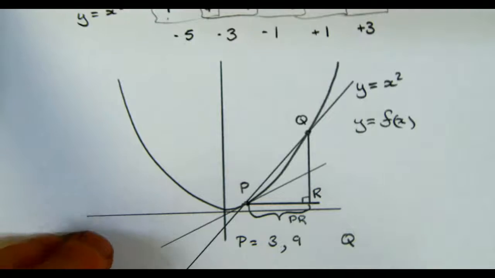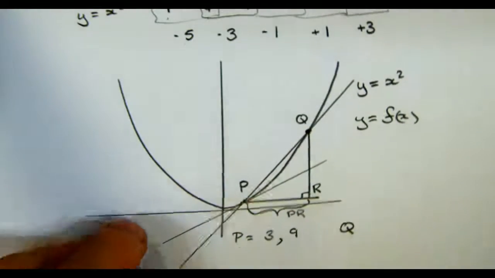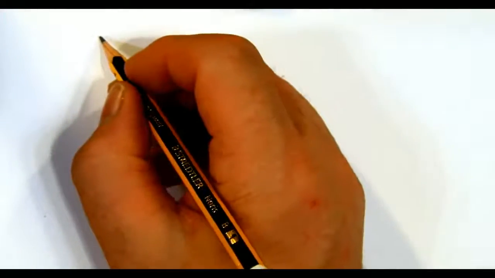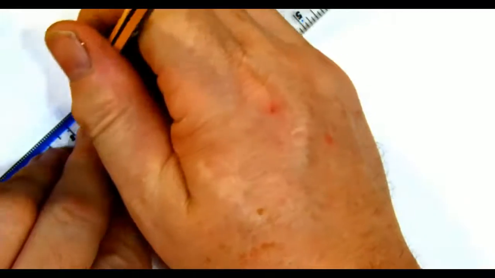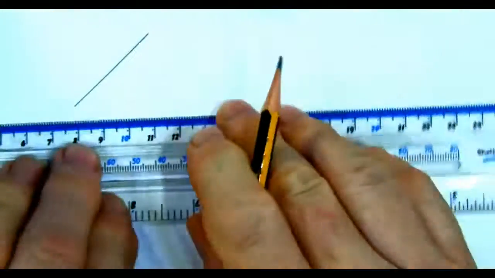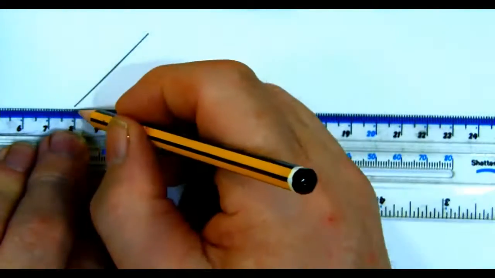Let's have a look and see what's going to happen here. I'm just going to draw in our little triangle to remember what we're talking about.